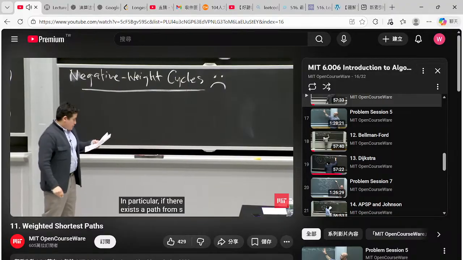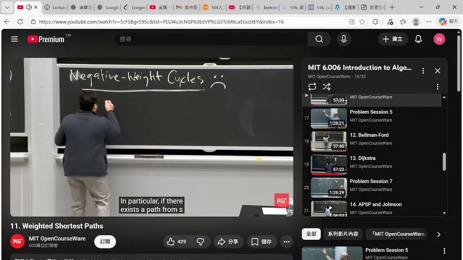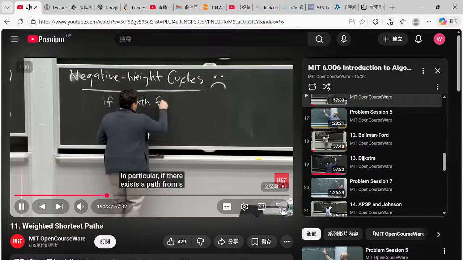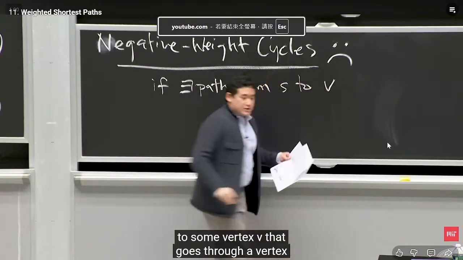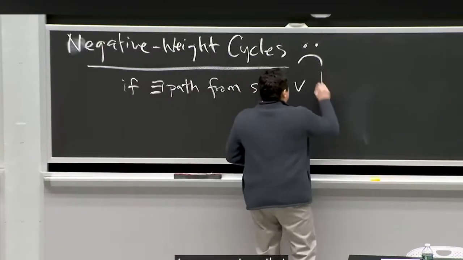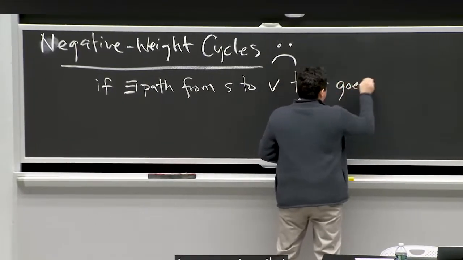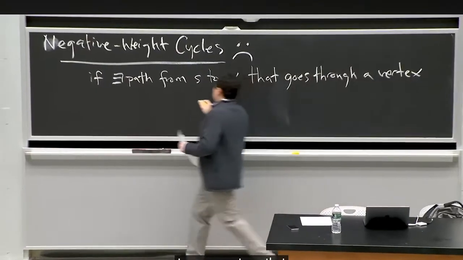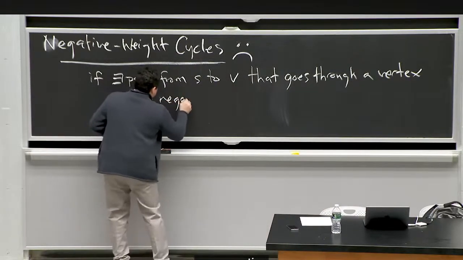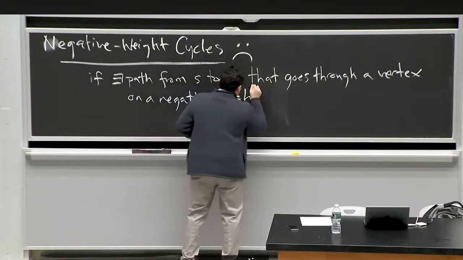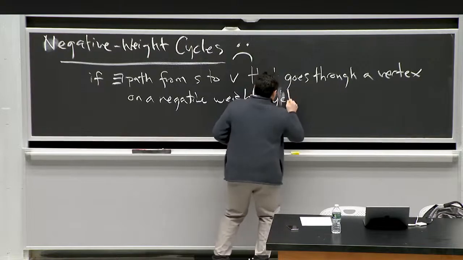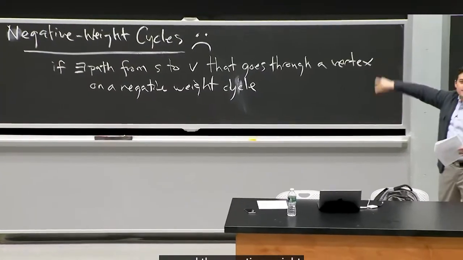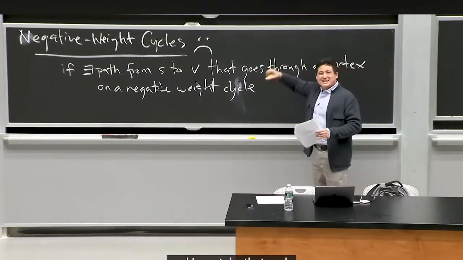Okay? In particular, if there exists a path from S to some vertex V that goes through a vertex on a negative weight cycle, then I can take that path to that vertex, circle around the negative weight cycle, and then proceed to V, and I can take that cycle as many times as I want.